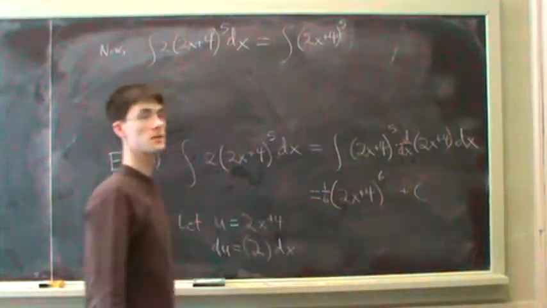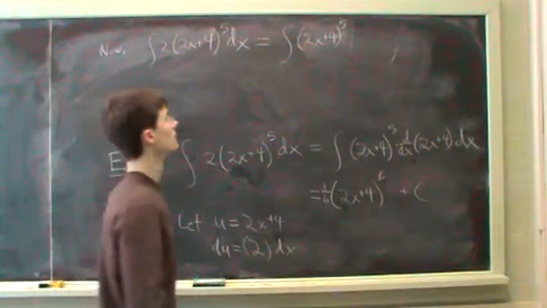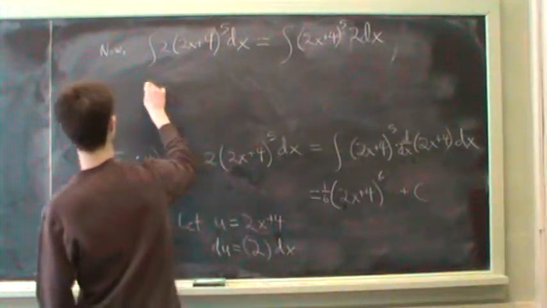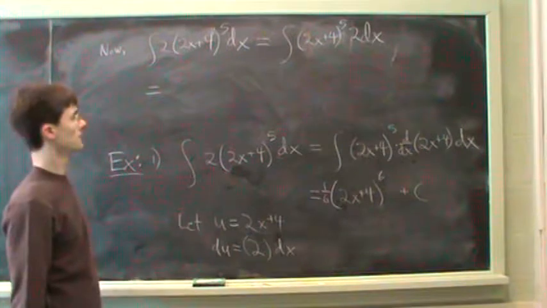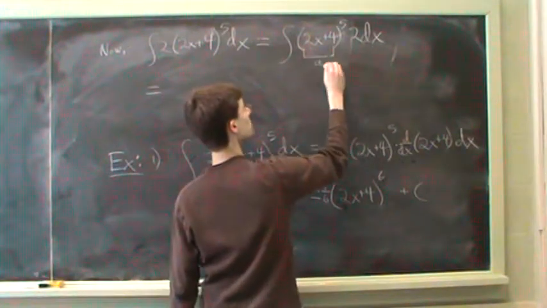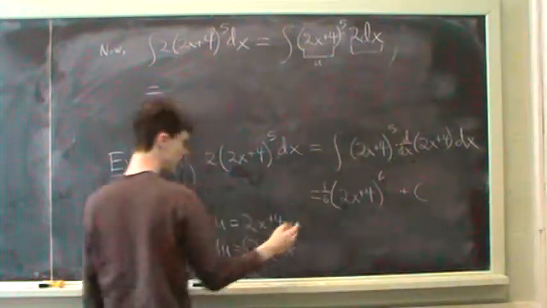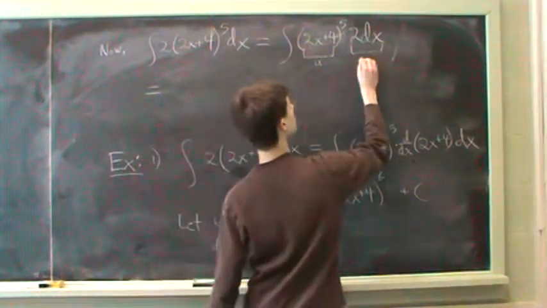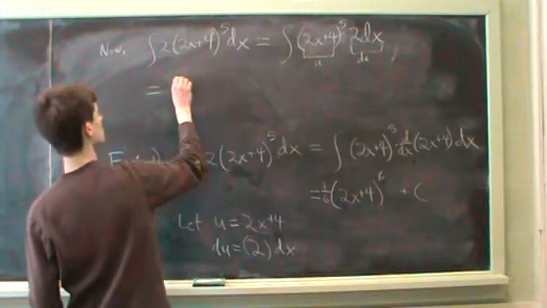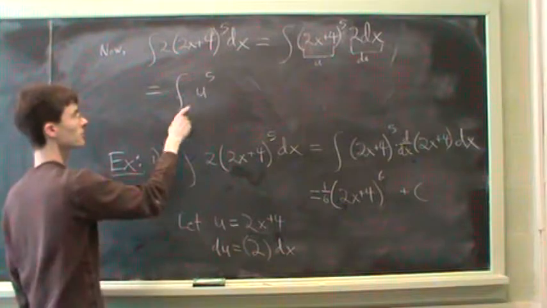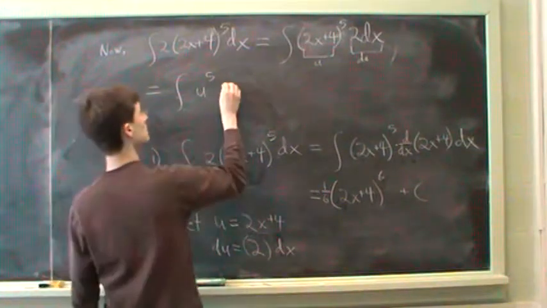So we have the 2x plus 4 raised to the 5th, and then we have a 2 dx. And basically we will replace the 2x plus 4 by u, and the 2 dx with du. So that the integral looks like the integral of u to the 5th du.